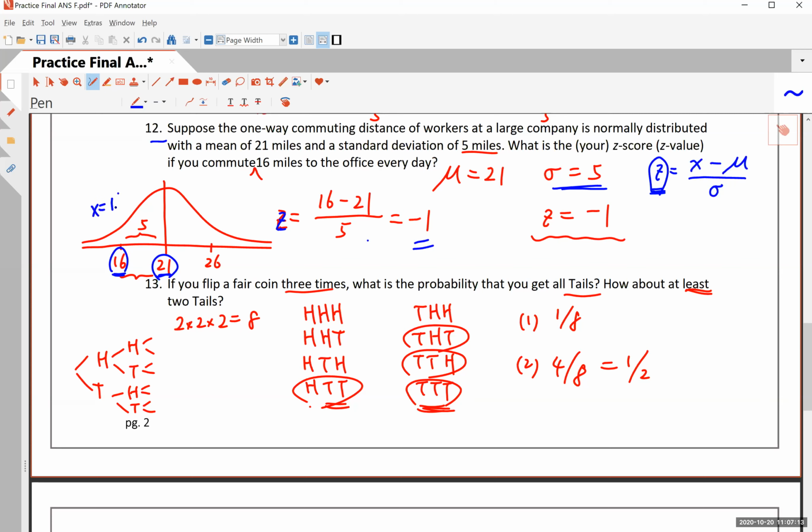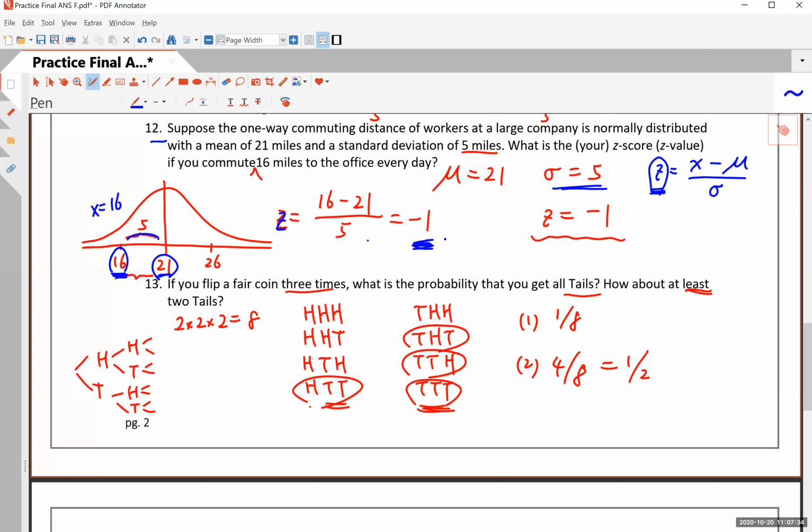In this case, x is 16. 16 is how many standard deviations above or below the mean? Clearly 16 is 5 below 21, and 5 is the standard deviation. So clearly 16 is 1 standard deviation below the mean, and that's why it's negative 1.